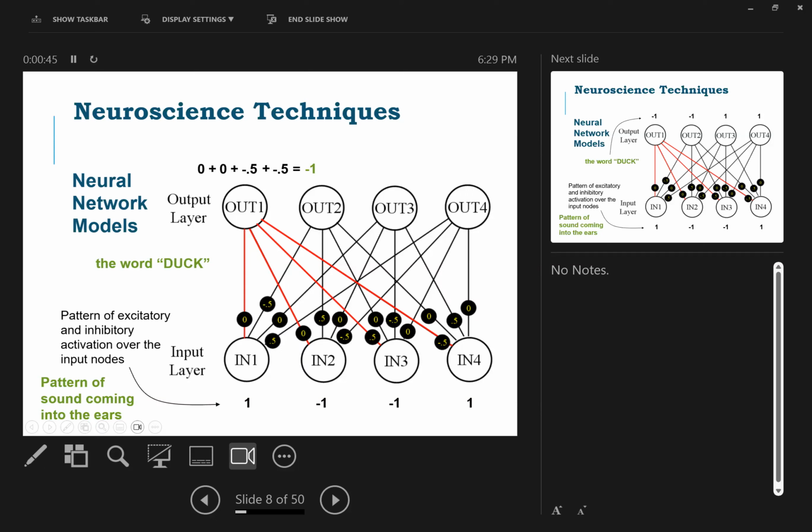Input 4 is an excitatory connection to output 3, and it's above baseline. So what is the net effect on output 3? Excitatory. You just say 1 times 0.5, it becomes 0.5 for output 3. Here, -1 times -0.5 is 0.5, and that's also excitatory. So the output 3 would be 1.